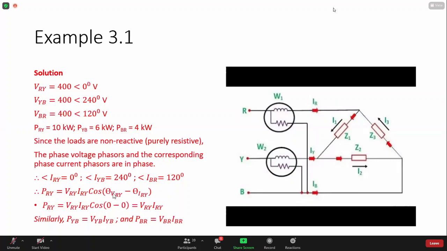Now we know that VRY and IRY are going to be at angle 0 because VRY was chosen as the reference, so it's at angle 0. So therefore IRY is going to be in phase with it, and it's going to be at angle 0 too. All right. Now cosine of 0 is equal to 1, right? So that's why we end up with PRY is equal to VRY times IRY. So you could imagine that a times 1 is right here. It wouldn't change the thing, right?